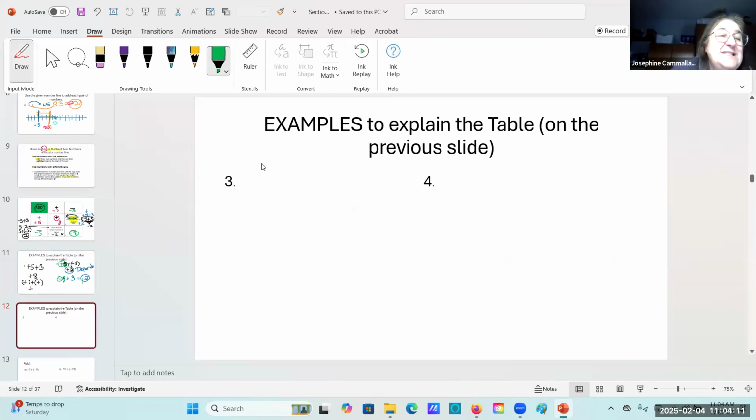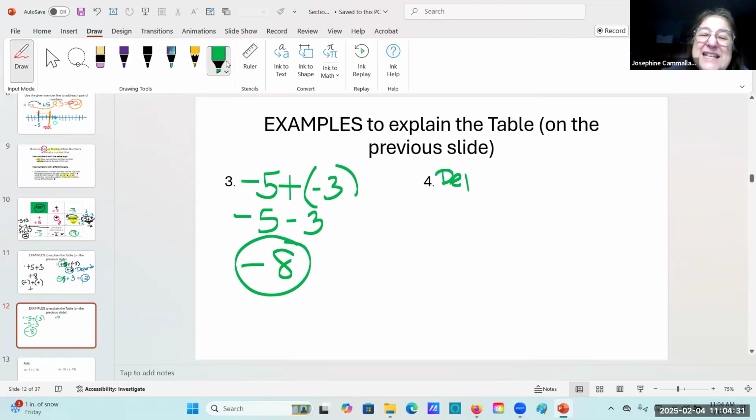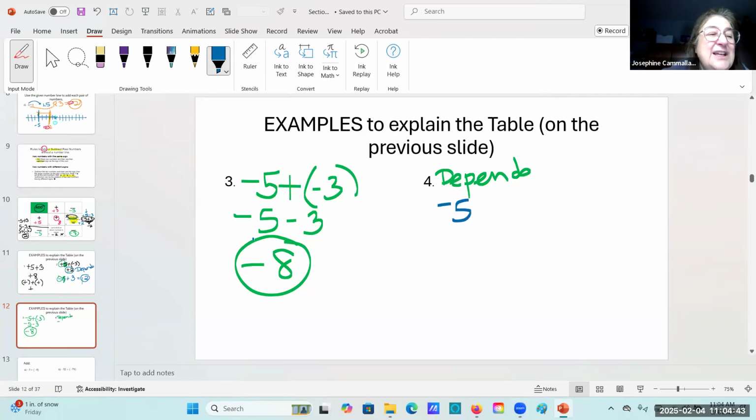Now, if I have a negative 5 plus a negative 3, and this could also be written just like this, my answer is negative 8. But again, this depends. If I have a negative 5 plus 3, this is negative 2.